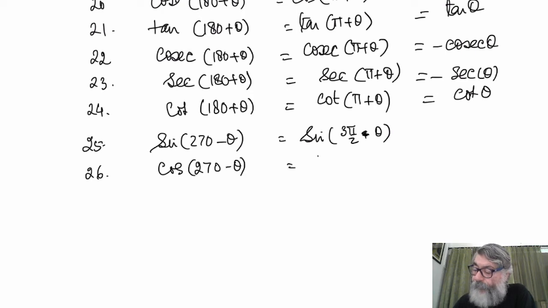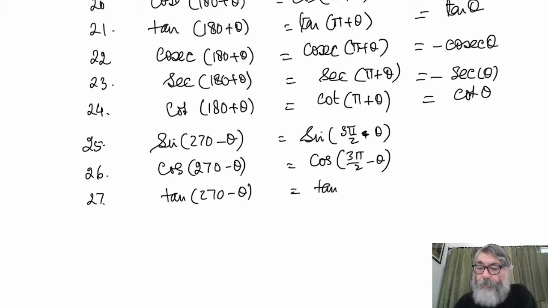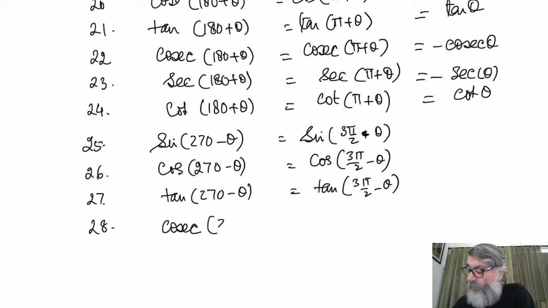27, tan 270 minus theta is tan 3 pi by 2 minus theta. Cosec 270 minus theta, cosec 3 pi by 2 minus theta.